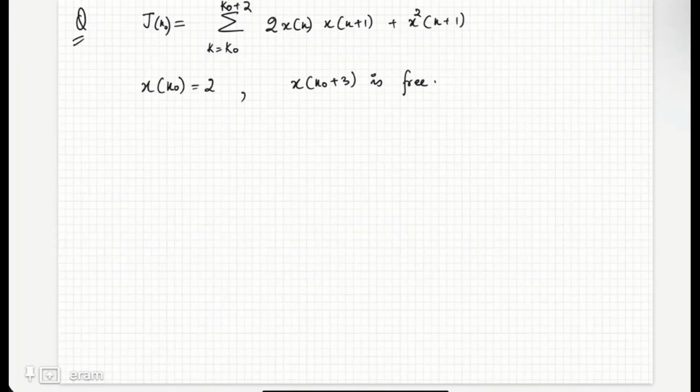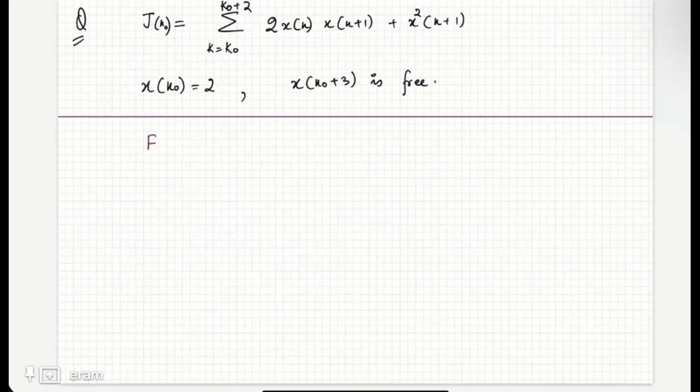Okay, now if that is the case, we first have to solve our Euler-Lagrange. Now what is Euler-Lagrange for a discrete time system? We have to first write f of k. So what is f of k?